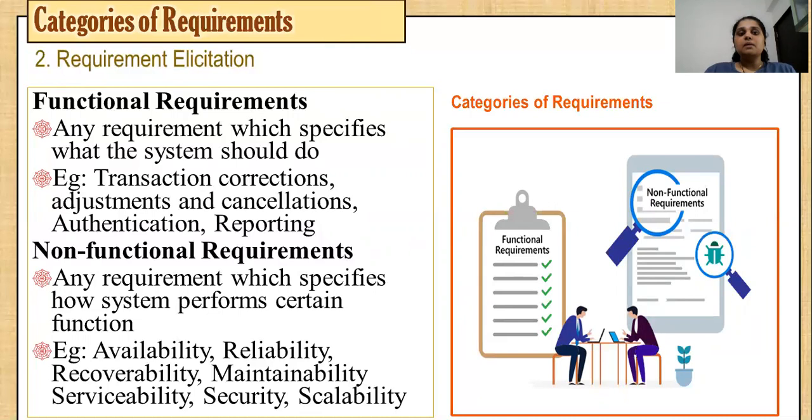So you are doing transactions like depositing money, withdrawing money, issuing a book, searching for a book, logging into your system. You can take photographs. These are the features or functional requirements.